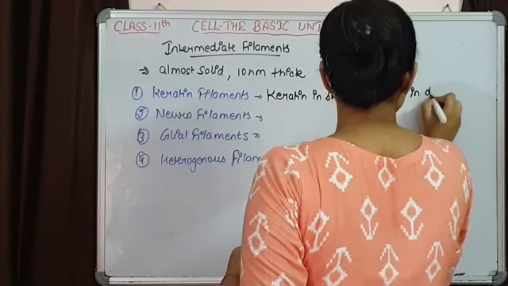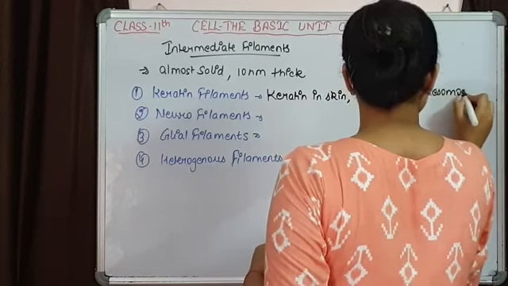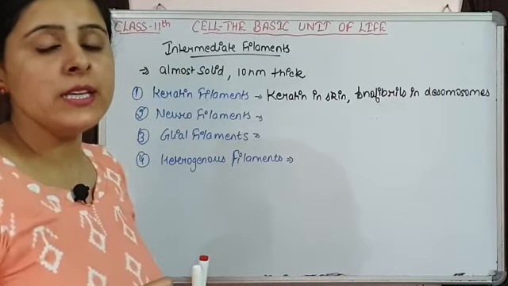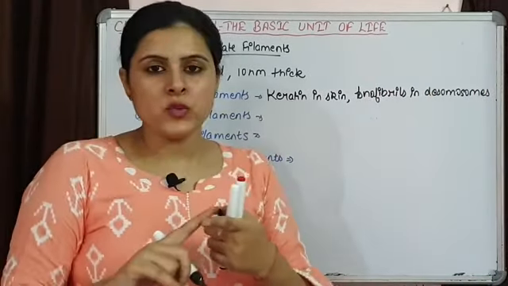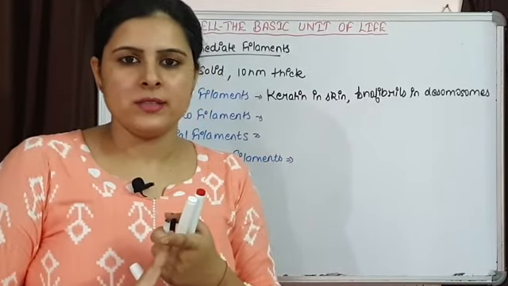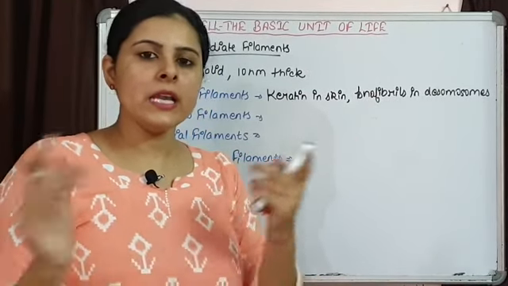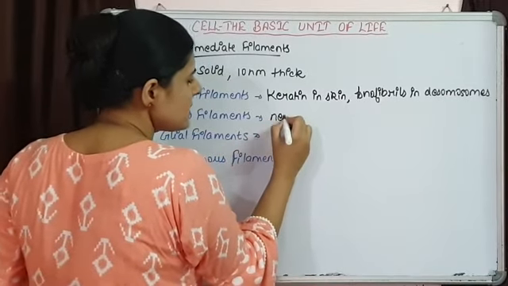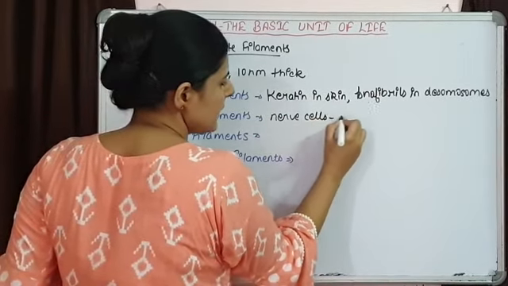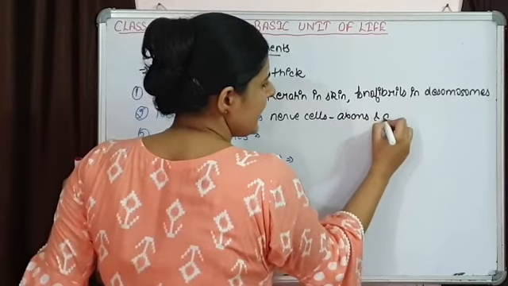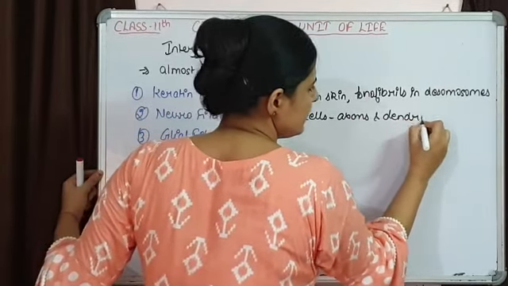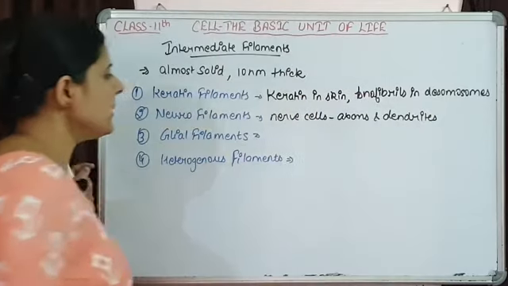Second, neurofilaments are present in axons and dendrites, in association with microtubules. So in nerve cells, in axons and dendrites, these are present.